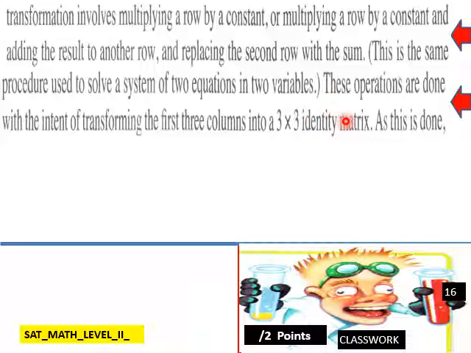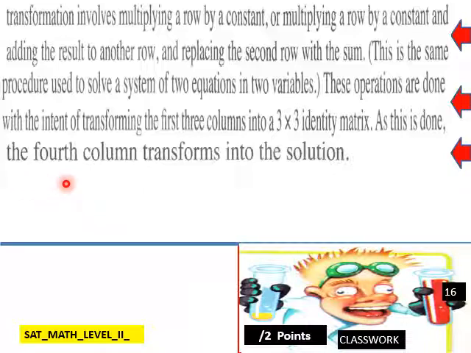These operations are done with the intent of transforming the first 3 columns into a 3x3 identity matrix. As this is done, the 4th column transforms into the solution. So you turn the 3x3 part of that matrix into an identity matrix, and what you're left with in the 4th column would be your solutions.